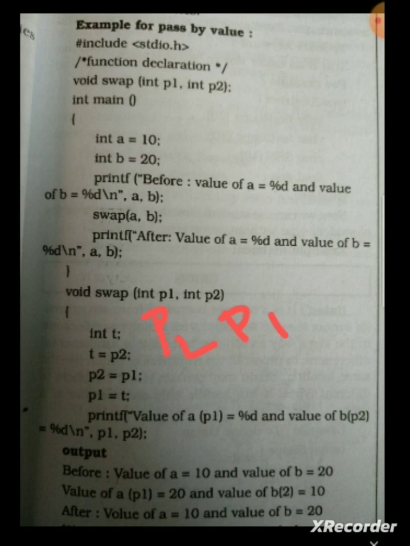So now I am printing those values. Printf value of a of p1 and value of b of p2. The output will be value of a of p1 equals 20, b of p2 equals 10. So this swapped and this function has been executed. It's done. Swap of a, b is done.